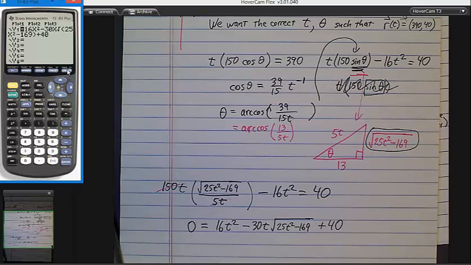Let's sketch a good graph of that. Nice graph. Let's think about the window. T. How many seconds is it going to take? Between 0 and 10?